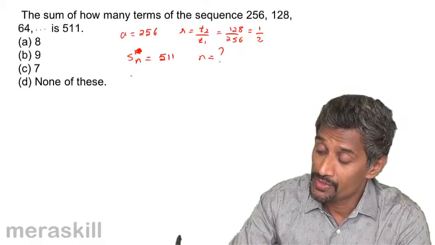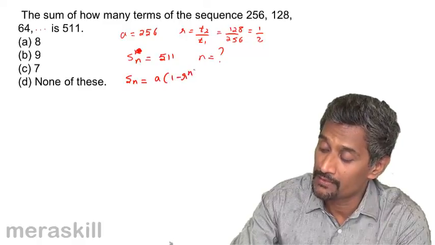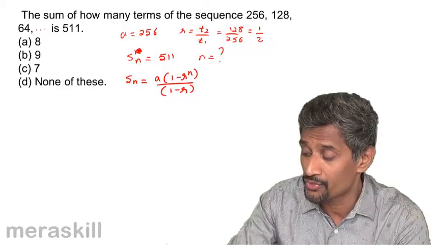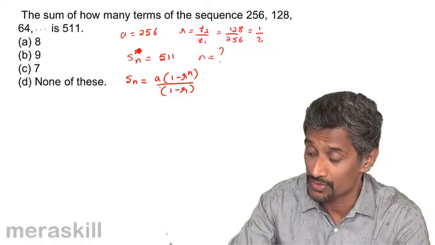Now we are going to use Sn is equal to a into 1 minus r raised to n upon 1 minus r. You don't have to guess too hard why we are using this formula, because r is less than 1 in this case, so it's right to use this formula.